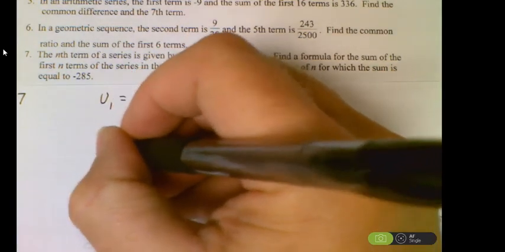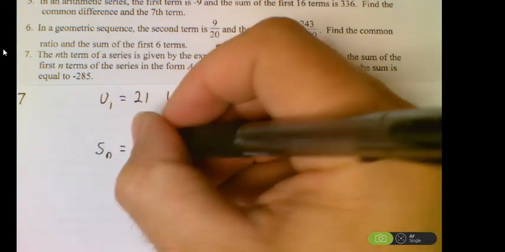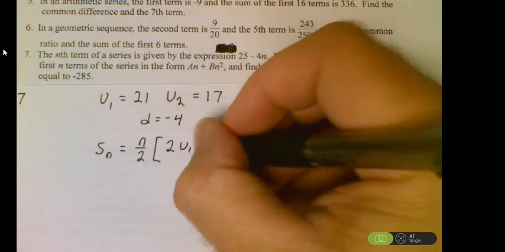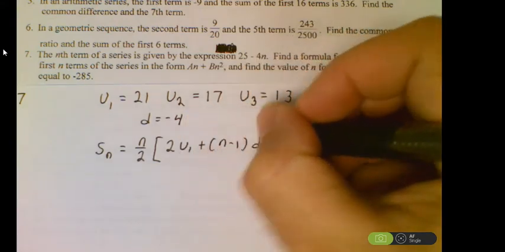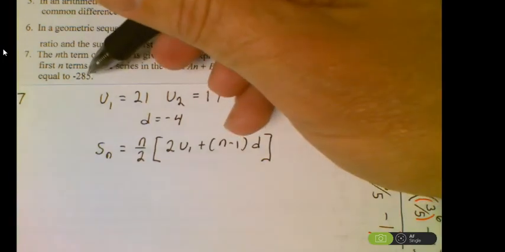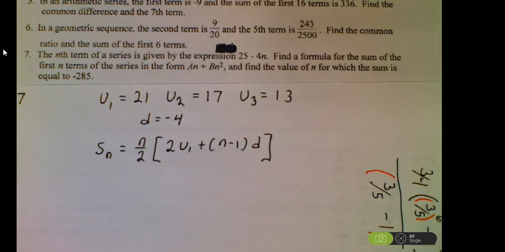So we know the sum of arithmetics looks like this. So we're just going to plug in what we can at this point, leaving n as n. We know we're not going to plug this part in just yet because we first just want the expression.